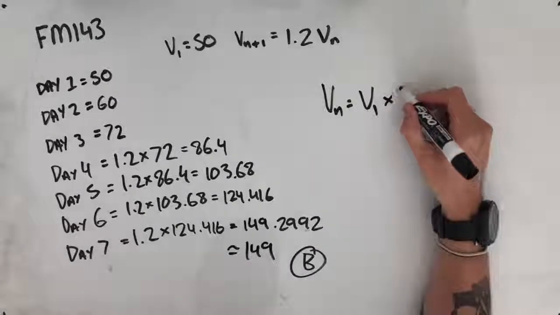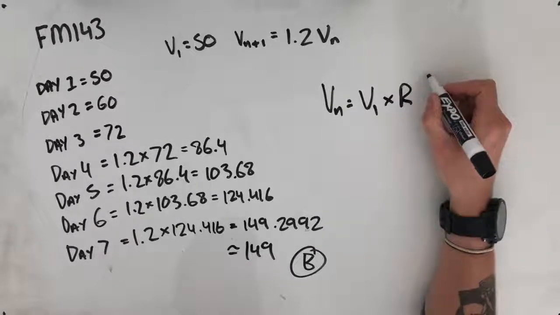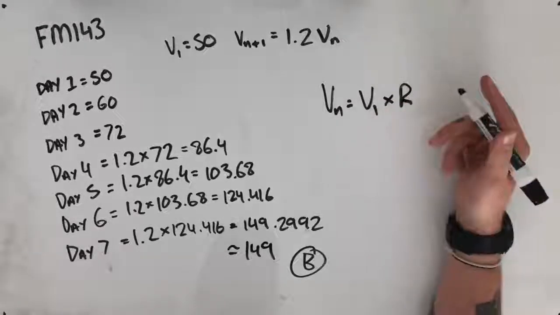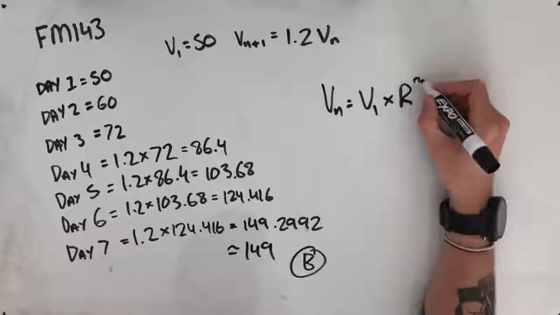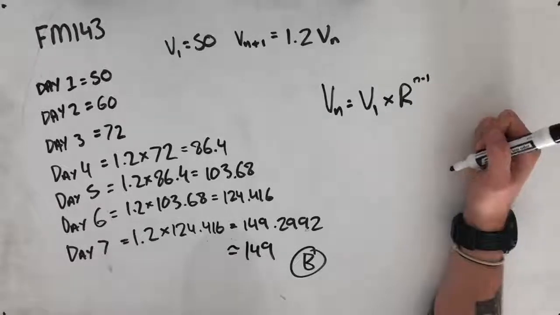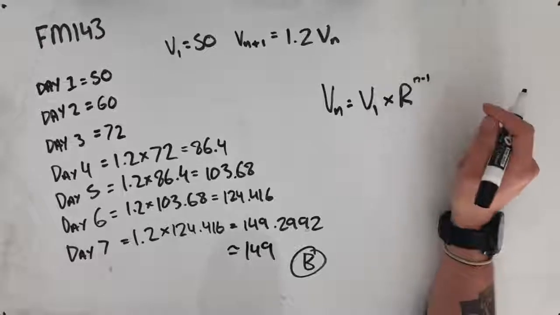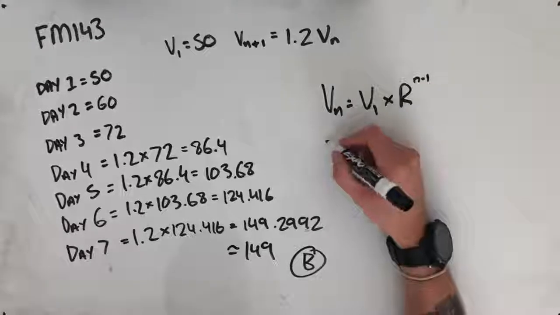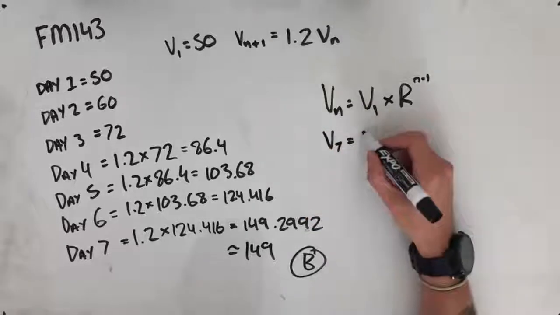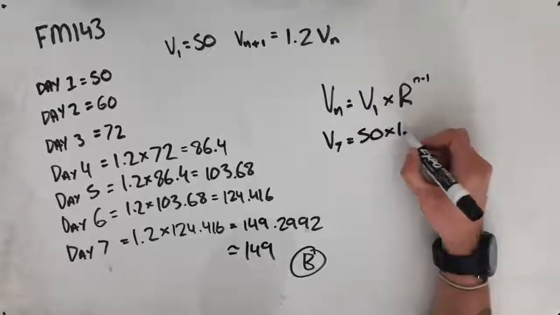So when I times by my rate, we would normally put it to the power of n. But since we have a value that is already 1 step into our sequence here, we're going to use n minus 1 so that we don't apply an extra multiplication of our rate where we shouldn't. So now filling in the blanks, V7 is going to be equal to our value of V1, which was 50, times 1.2.